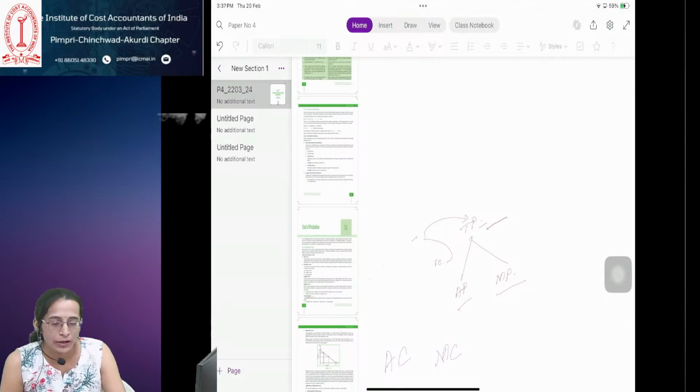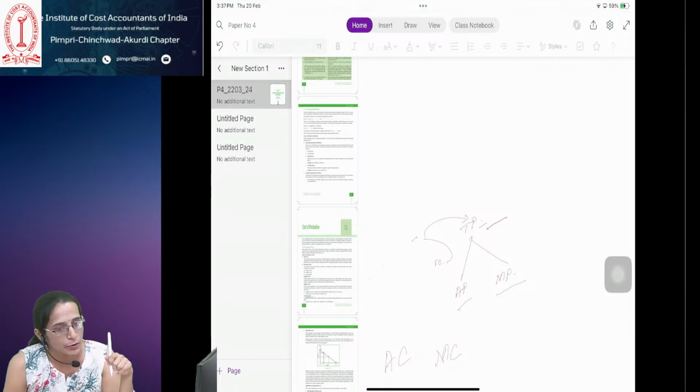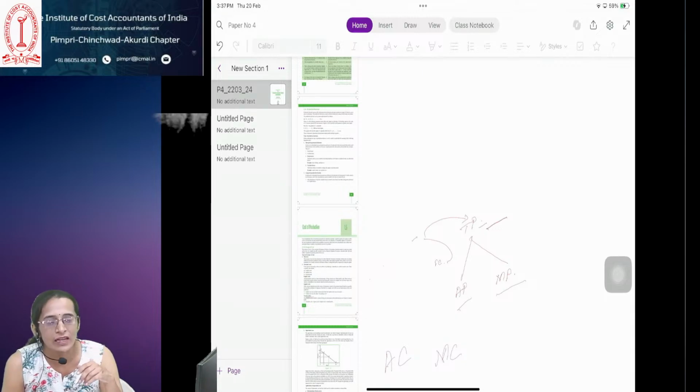The impact is the same as the law of diminishing marginal returns, right? As the units of the variable input factor increase, total product increases, and marginal product also increases. Again, when they increase more, total product reaches maximum and marginal product becomes zero.